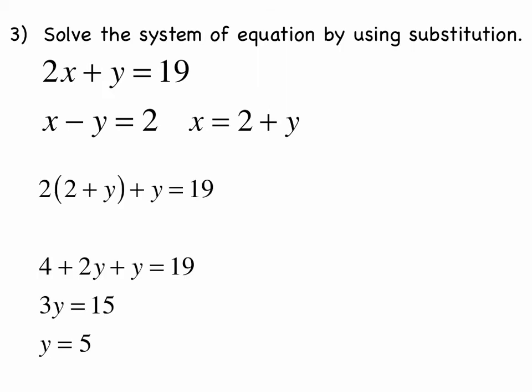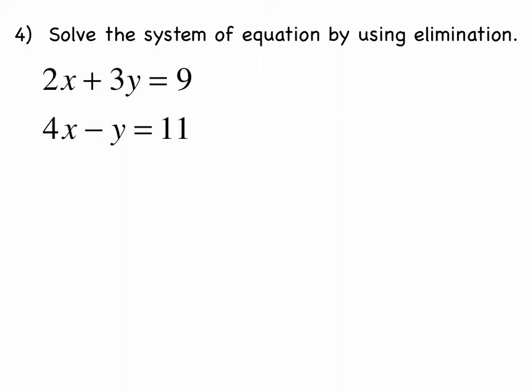I'm going to plug that back into the first equation and solve it, and I get y equals 5. All I have to do now is plug y equals 5 into either one of the equations or the new one that I wrote, x equals 2 plus y, and solve for x, and I got x equals 7. So my answer should be 7, 5.